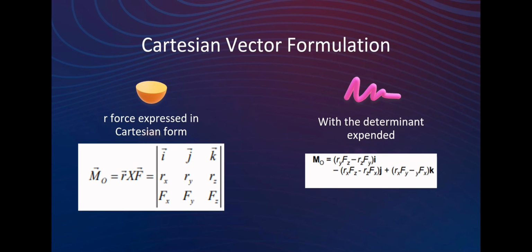Next, Cartesian vector formulation. So first of all, we need to do it like this, which is MO is equal to R cross F, and then we have this form first before we convert it into this form with the determinant expanded. When we expand the determinant, it will be like this.